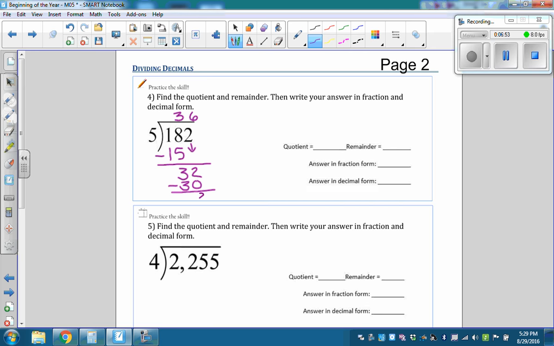Subtract. The 2 is smaller than the 5, so we're ready to write it in quotient and remainder form. The quotient's 36. The remainder is 2. So the fraction form answer is 36 and 2/5.